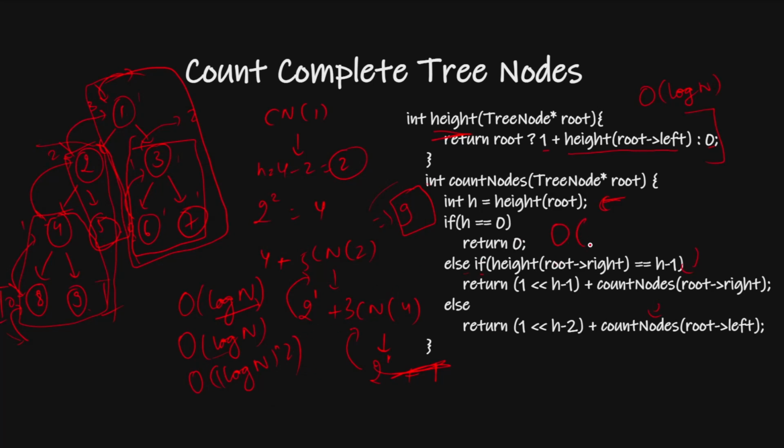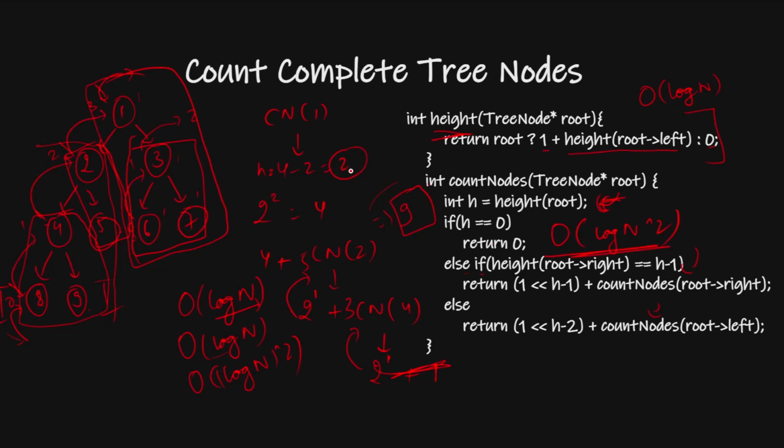And similarly, what will be our space complexity? For space complexity, you have to understand, once this height is computed, then I go to a different call. So in the worst case, the space complexity will also be log of n square.